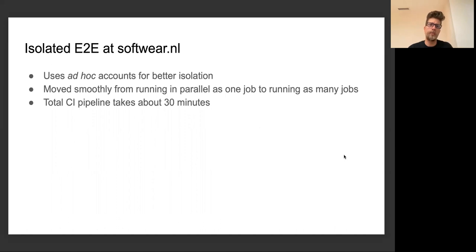That transition was very smooth. And we still managed to keep the total CI pipeline time below 30 minutes, which is in a way a necessity to keep us productive.